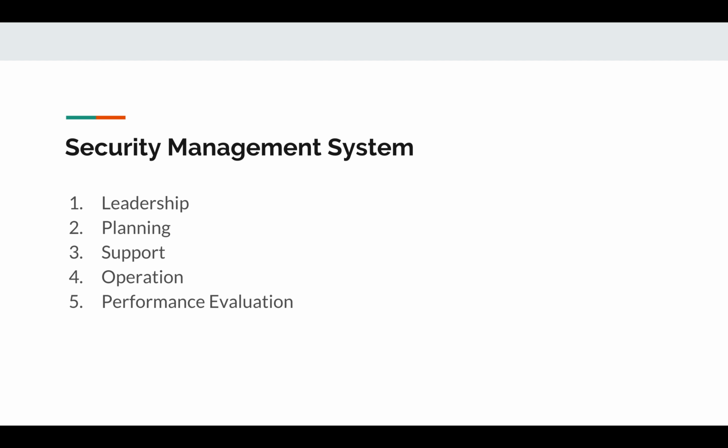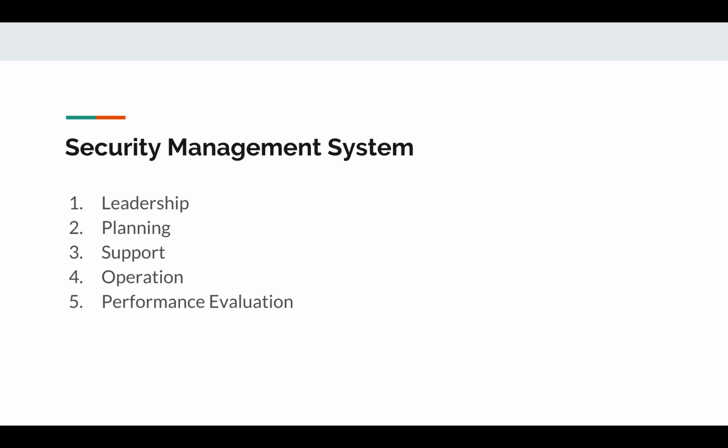Their leadership of the organization, how to do planning, what supports are needed before the operation, how to do the operation, and how to do performance evaluation of the operation.